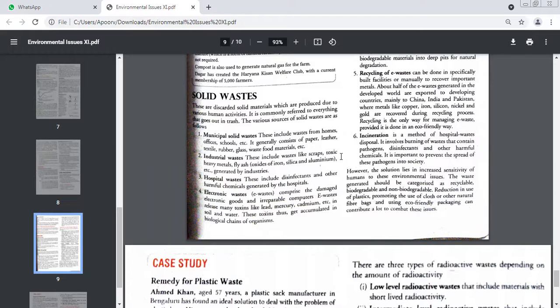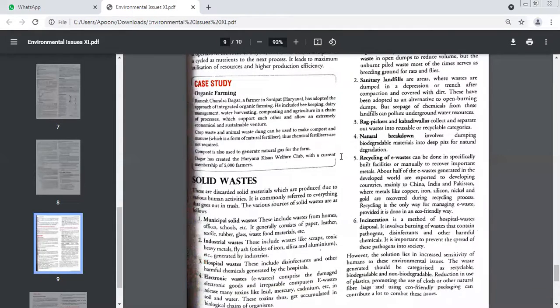Okay, we have just done 4 categories of solid waste. We have more as well. Which is the first category? Very quickly, and 2 examples. Municipal solid waste. Paper, leather, rubber. What are the 2 things you will surely mention in industrial waste? Heavy metals and fly ash. Third category is what?